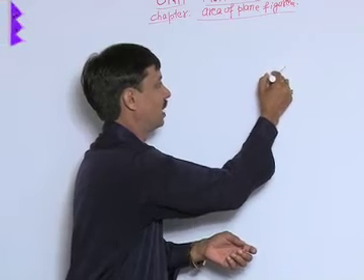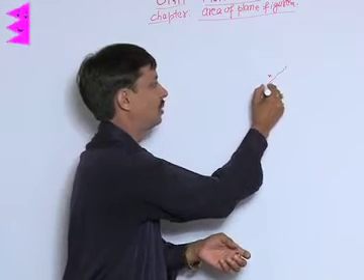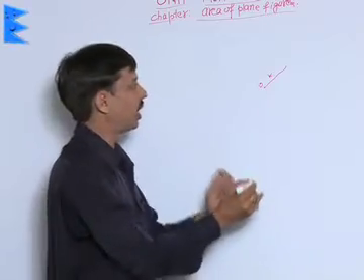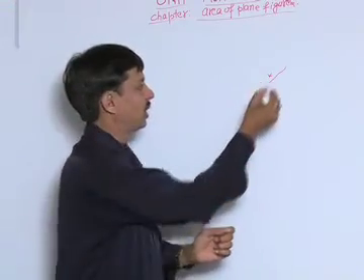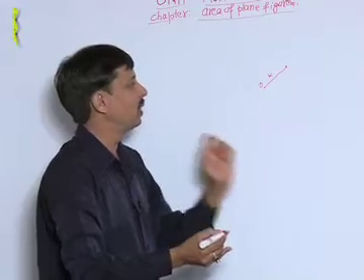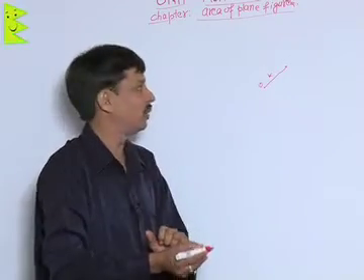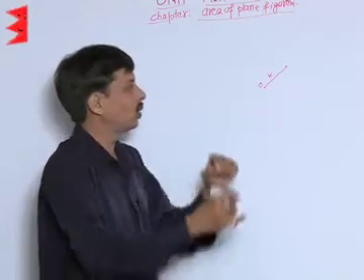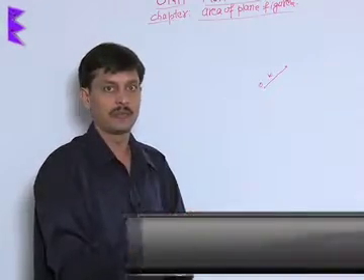This k may be 1 centimeter, 2 centimeters, 3 centimeters. Now the same person wants to select all such points.